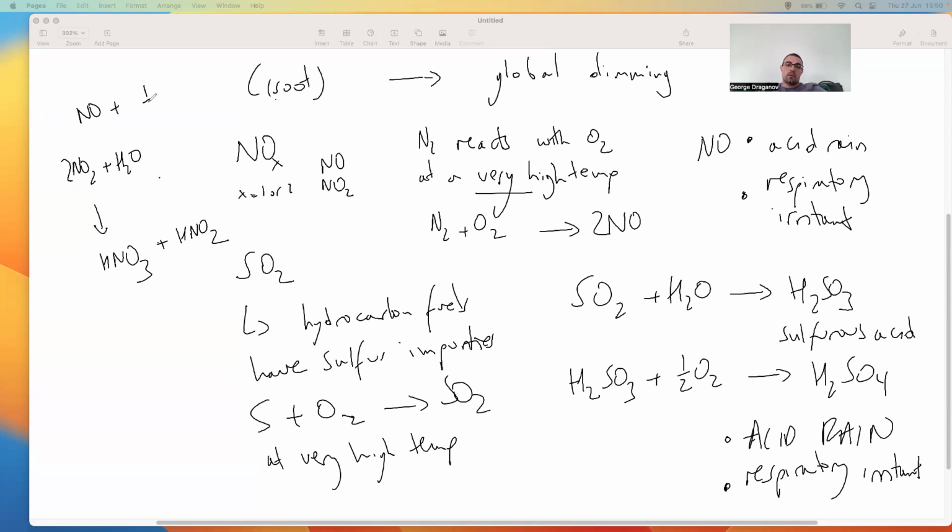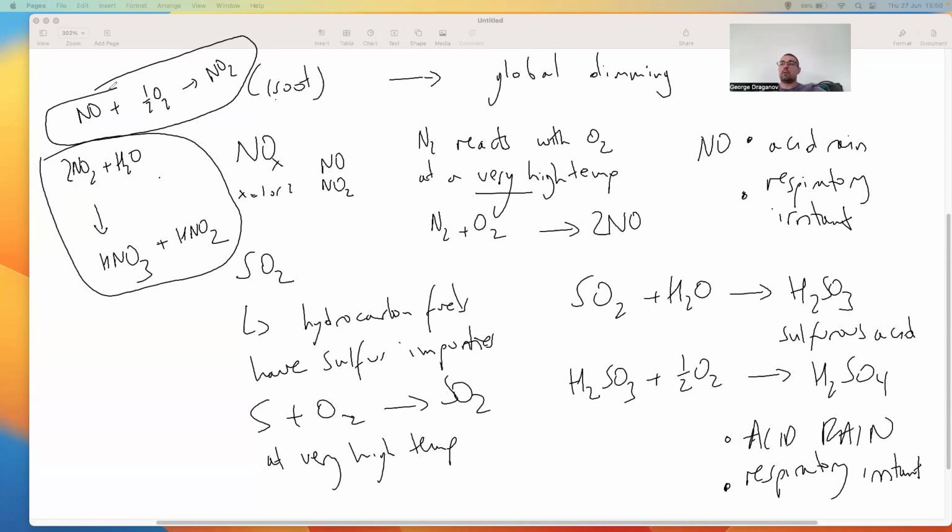So NO plus half O2 actually makes NO2 in the first step. Then the NO2 reacts with the water, and that solves all the problems. So these will be your two equations if you're ever asked to do it stepwise. But as I said, that's not going to be examined. The main thing you need to know is that NOx causes acid rain, and that SO2 will cause acid rain.